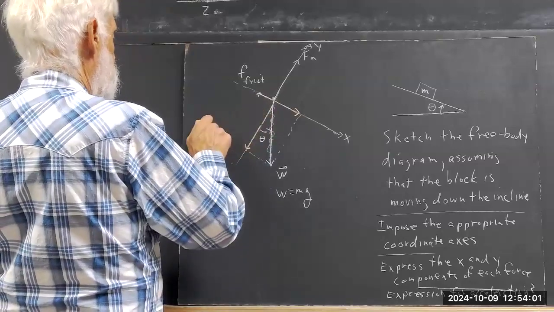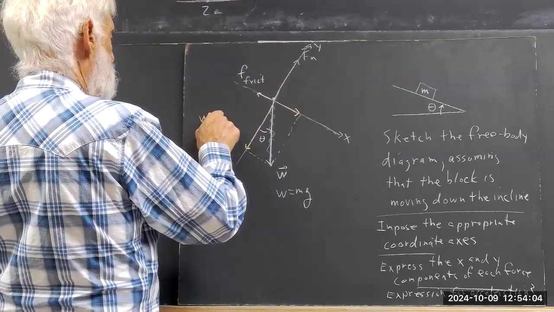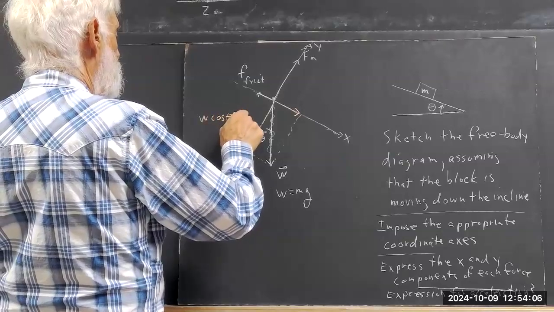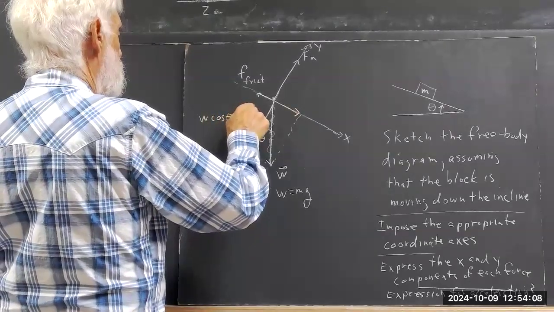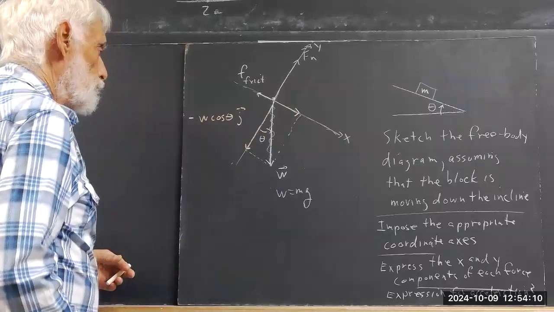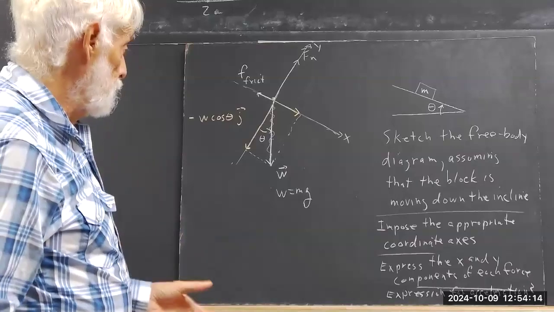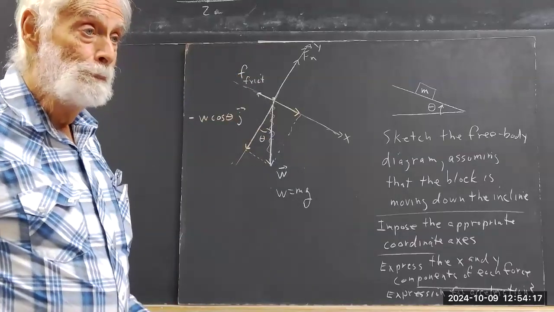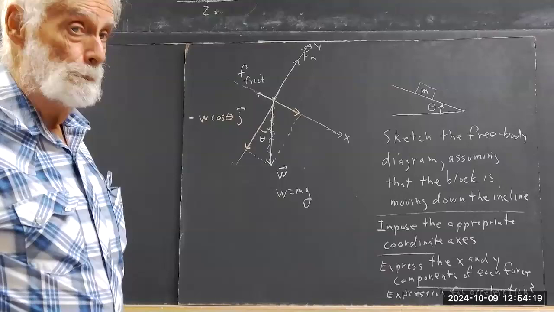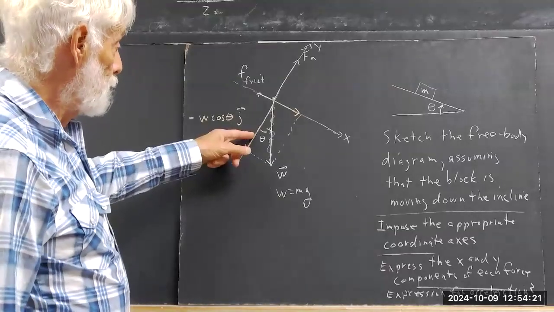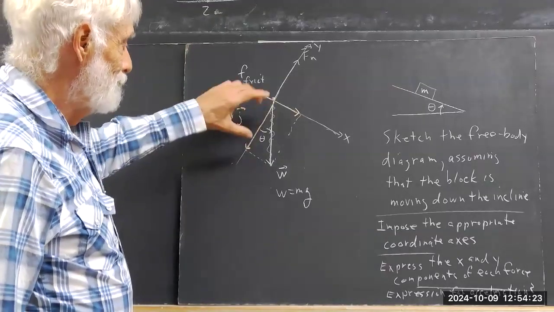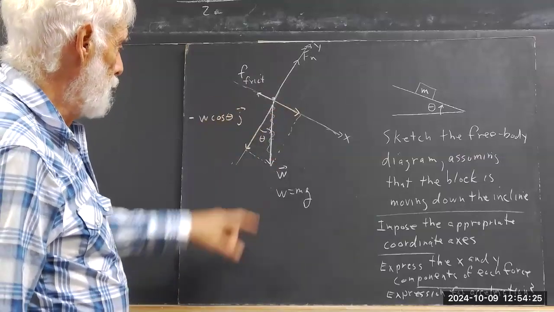This vector is going to be negative W cosine theta times J. Now, that should be obvious if you understand triangles, and I hope you do. If you don't, you really need to bone up on your trigonometry. This is the adjacent side. This is the angle. That gives you the cosine times hypotenuse.